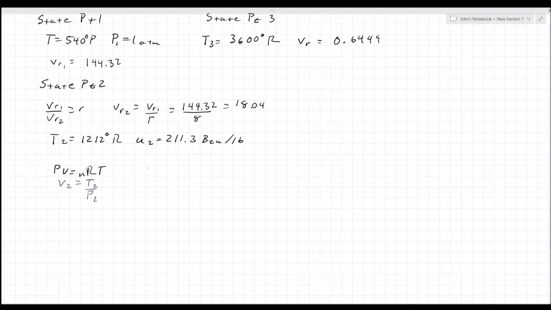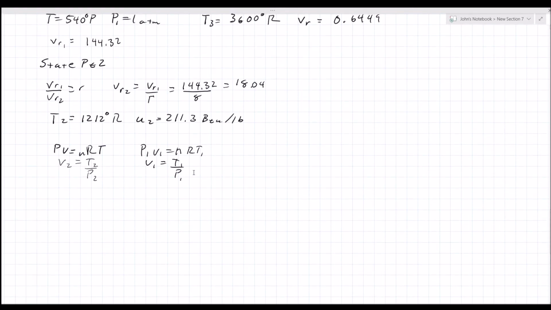And then, well, if we did it for 1, 2, that'd be P1 V1 equals nRT1.